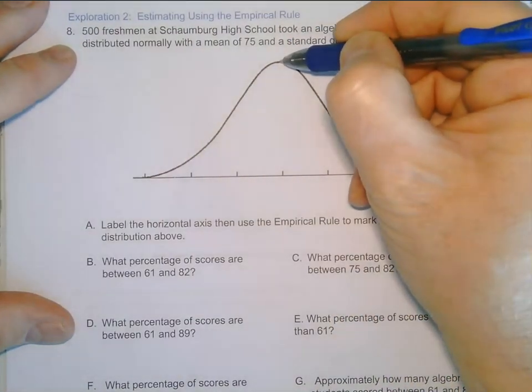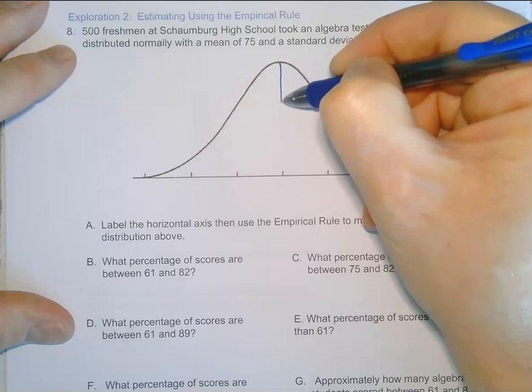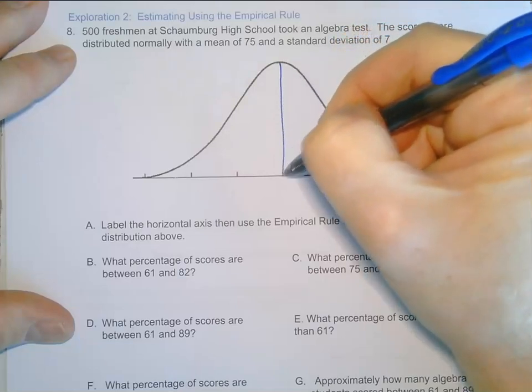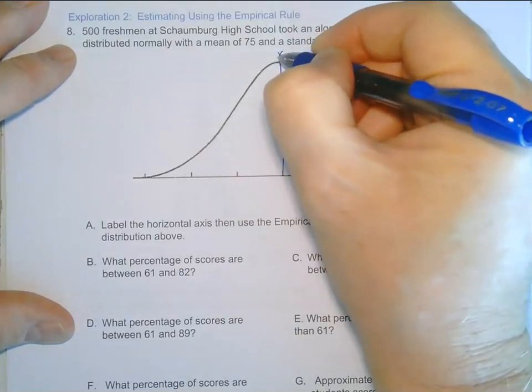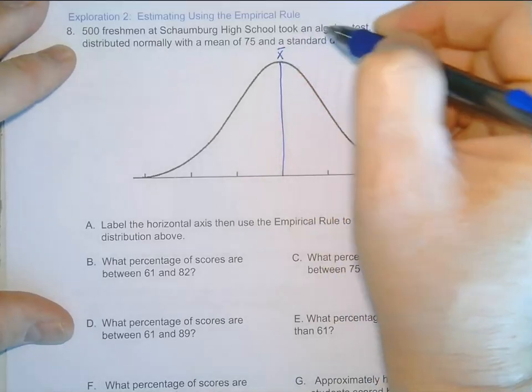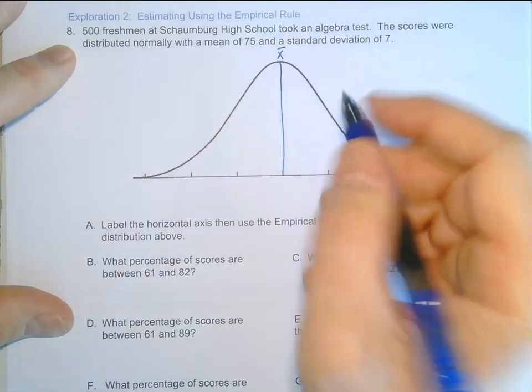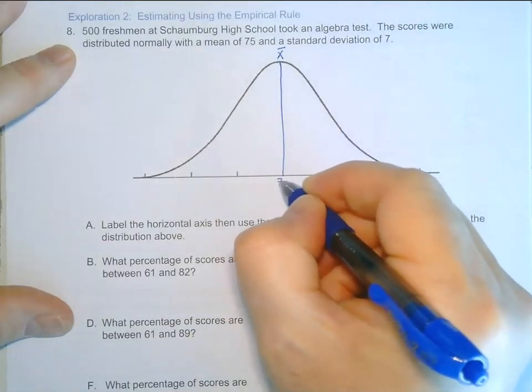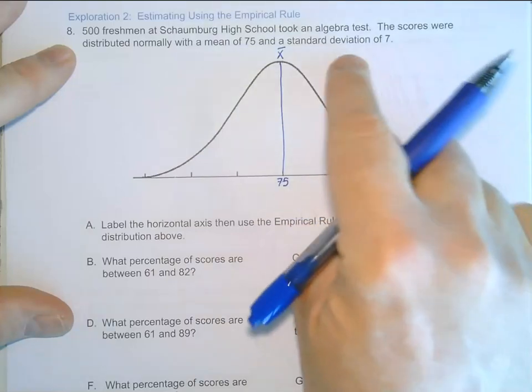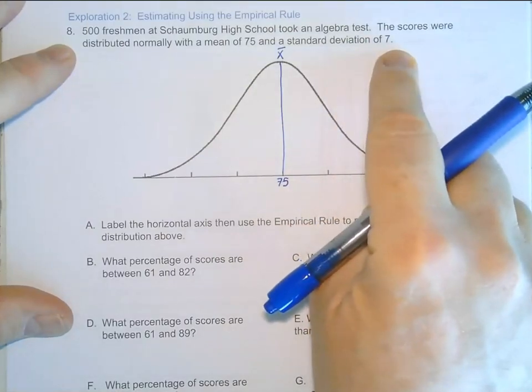Going from the peak, it should come straight down. This is my average, which they tell me is 75. There's my mean. And then the standard deviation is 7.